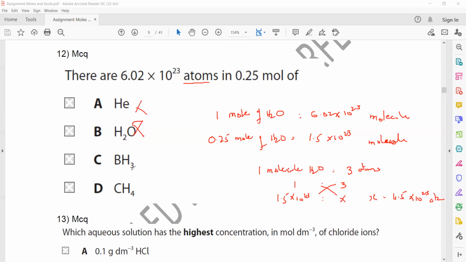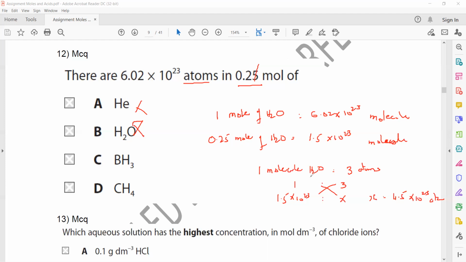Is it clear why B is not an answer? Because 1 mole of water contains 6 exponent 23 molecules. So 0.25 moles of water will have 1.5 into 10 to the power 23 molecules. In the question they are asking for the number of atoms.